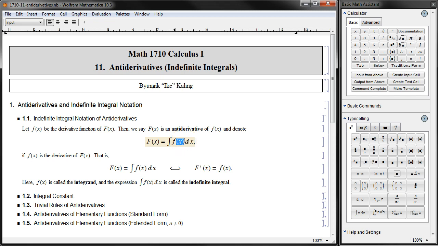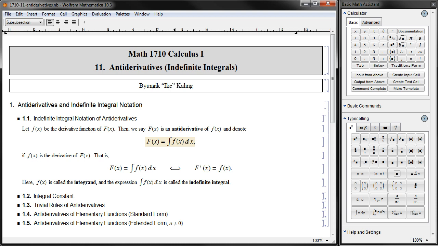Now, I don't see a lot of mistakes in the original function part, which we call the integrand. Just a name, but I'm going to use it often, so please get used to it, the integrand. Not many mistakes there, but I cannot say the same about the other two. This symbol is called the integral symbol, and that marks the starting point of this antiderivative computation, or what we call integral computation.